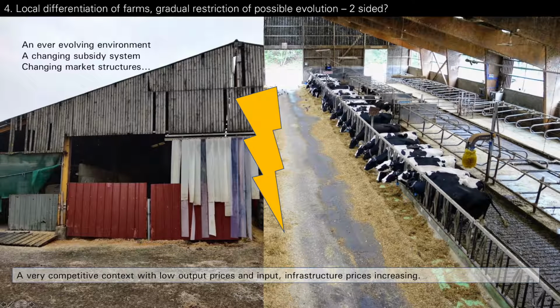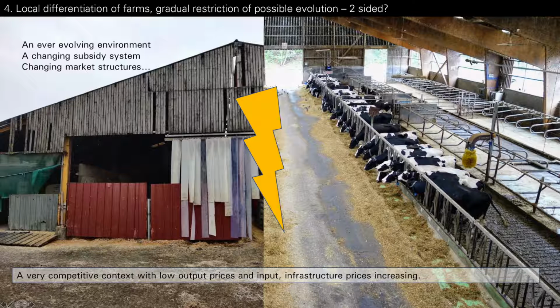So from the 1990s, farms faced an ever-changing context that was changing from year to year, and in farming we plan in the long term. It was a very challenging, very competitive context with output prices and input prices varying a lot and infrastructure prices increasing.